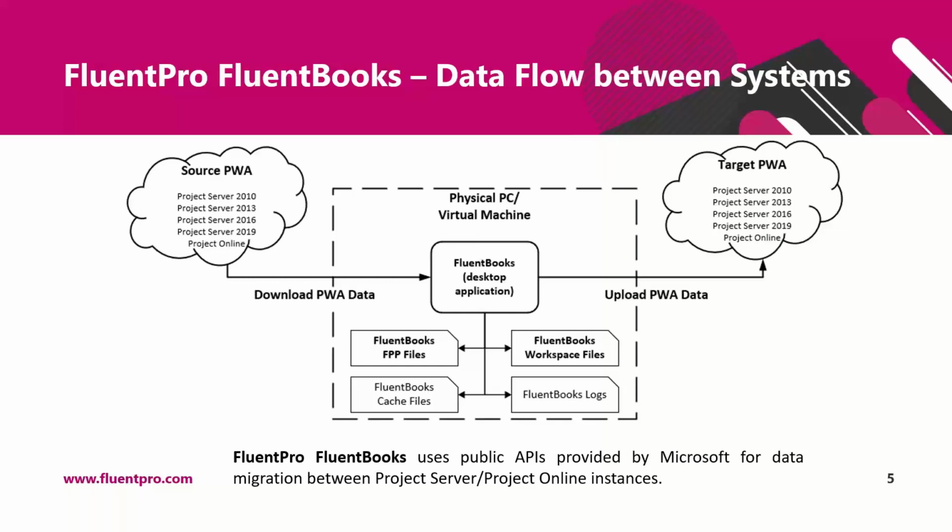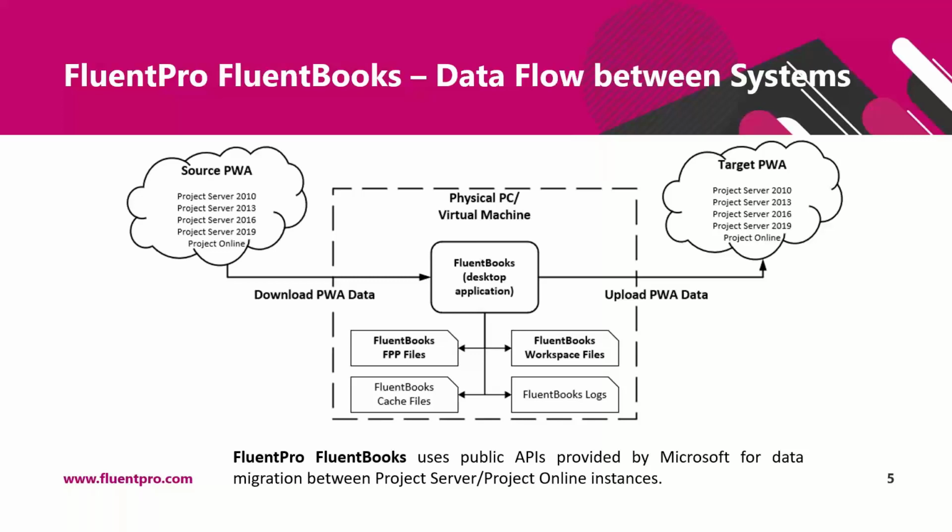Data is downloaded via API from source PWA and saved as a local copy to FluentBooks workspace files for PWA configuration and SharePoint content, and FPP packages for projects and project plan templates. And then this data is uploaded to a destination PWA, also via API.